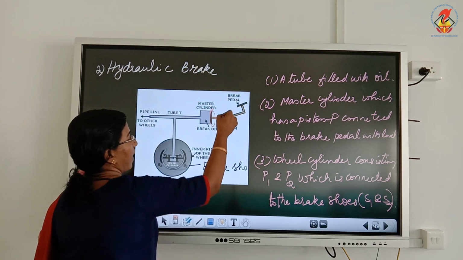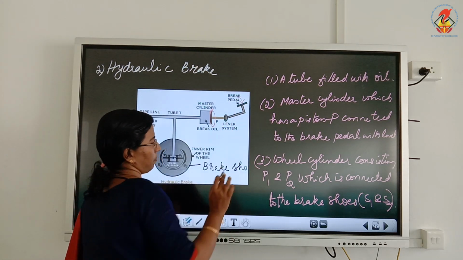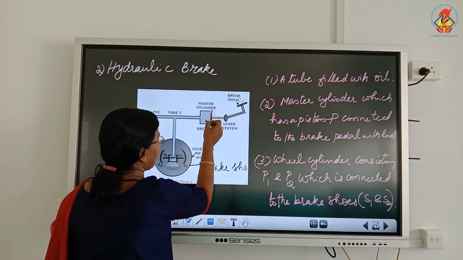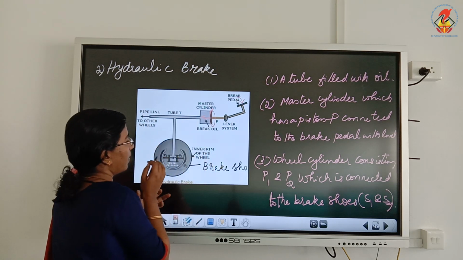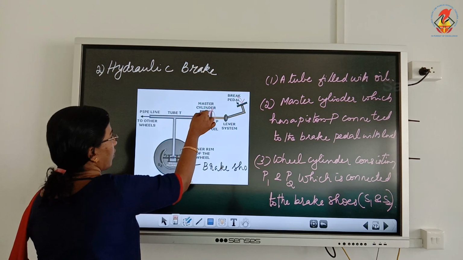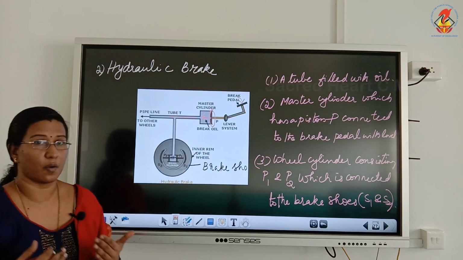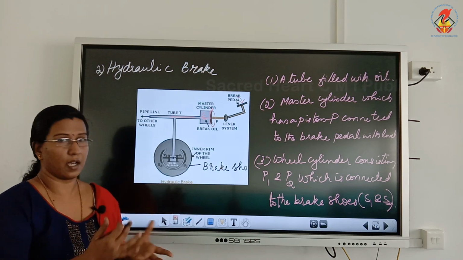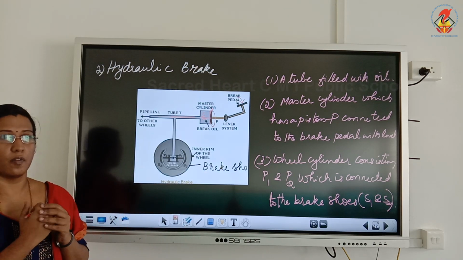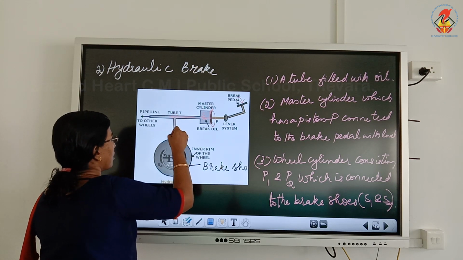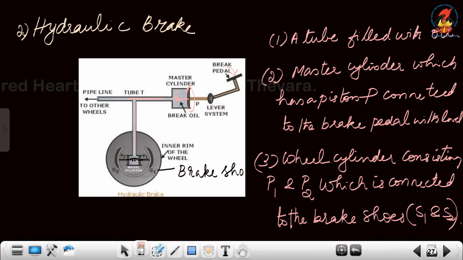Now let us see how a hydraulic brake works. When you apply force to the brake pedal, the piston P moves inward. So pressure is exerted on the fluid present in the tube, and this pressure, according to Pascal's law, is transmitted throughout the tube where the fluid is filled. So this pressure is exerted on the wheel cylinder also.